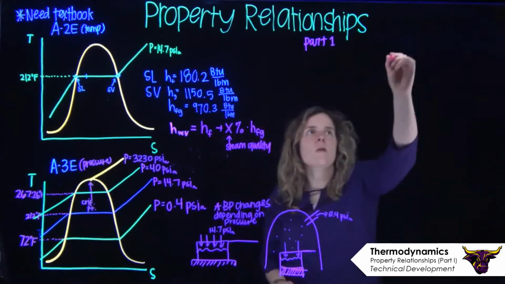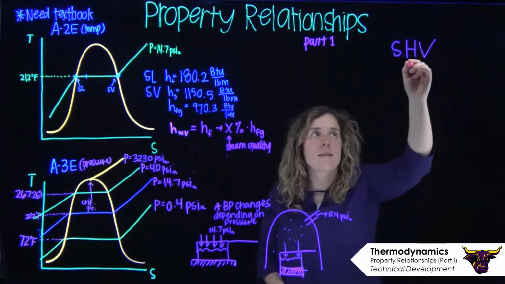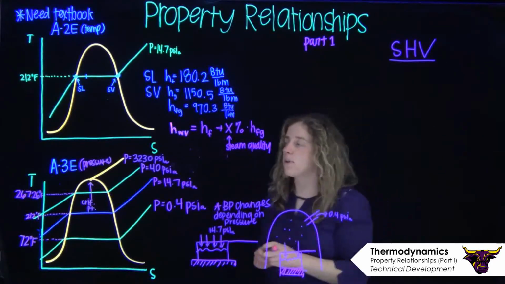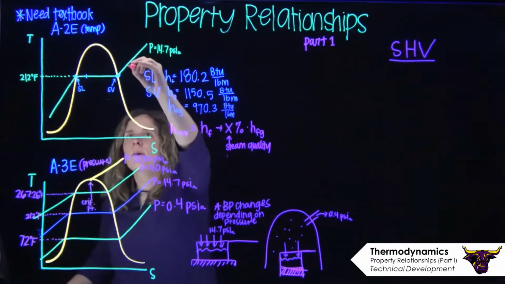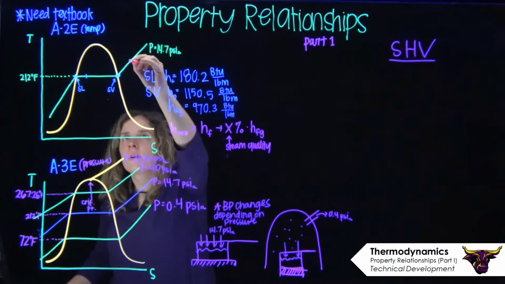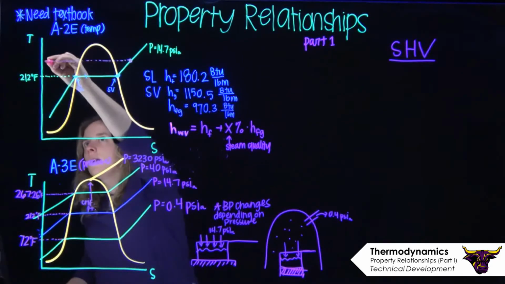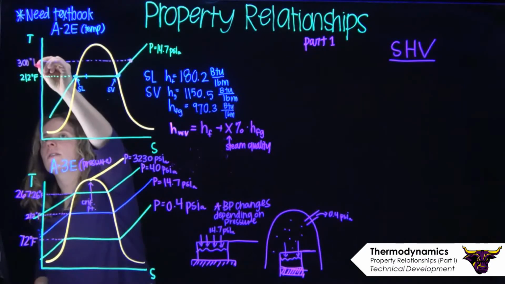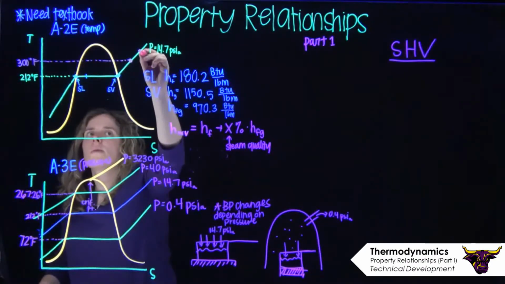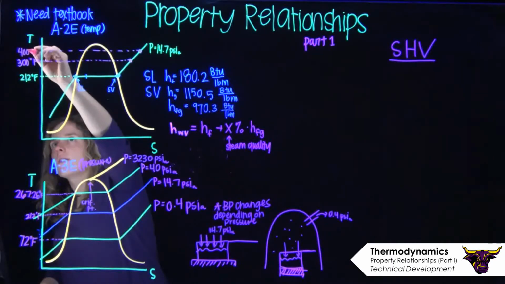All right, so I want to talk about one last thing, and that is superheated vapor. This is what we consider SHV, superheated vapor. And that puts us on this chart somewhere up here. So when we come across here and look at the temperature, maybe we're at 300 degrees Fahrenheit, or we come up here and we're at 400 degrees Fahrenheit.